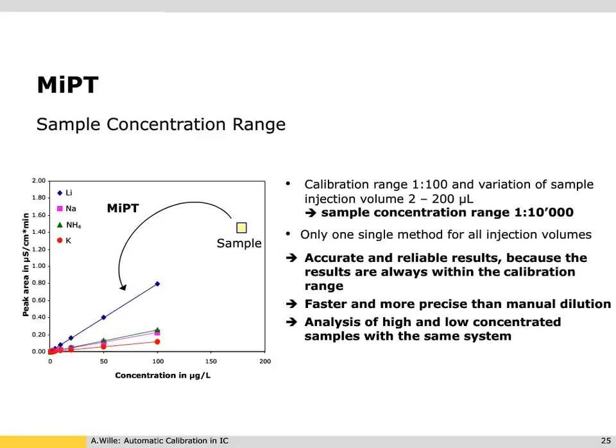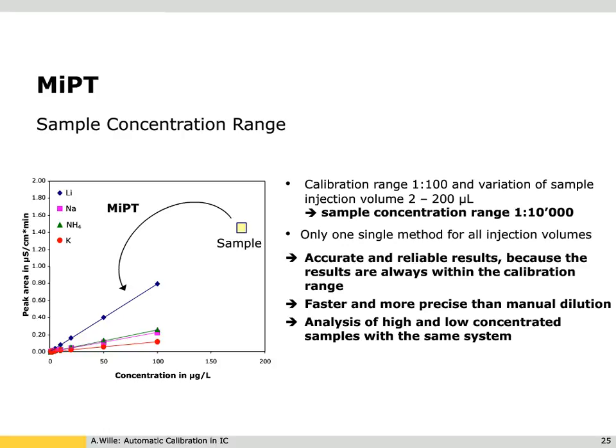And this injection volume can also vary between 2 and 200 microliter. So you have again a factor of 100 for the sample. In the calibration range, also a factor of 100. That means together you can cover with one calibration here a concentration range of 1 to 10,000 with this technique. And that's quite nice, as well as much faster and more precise than manual dilution.